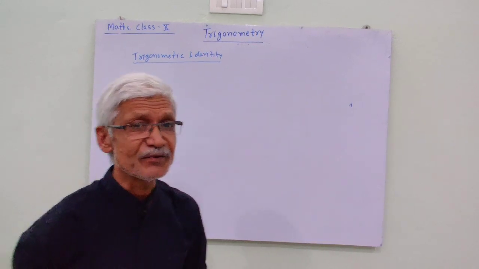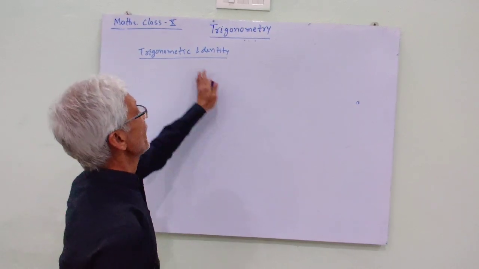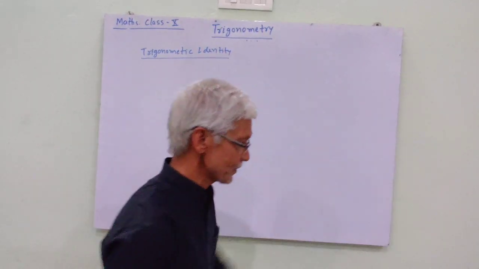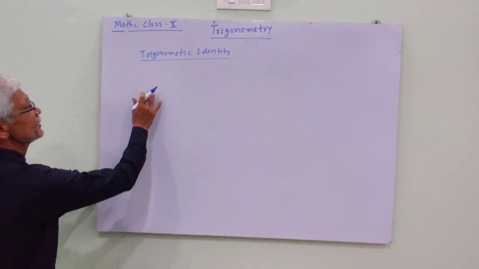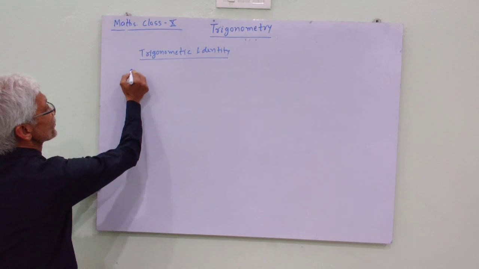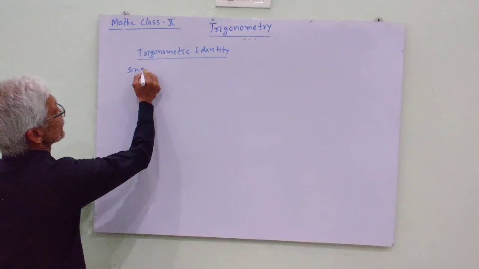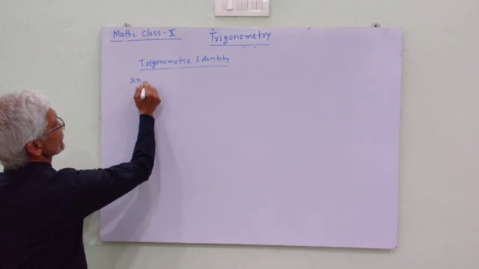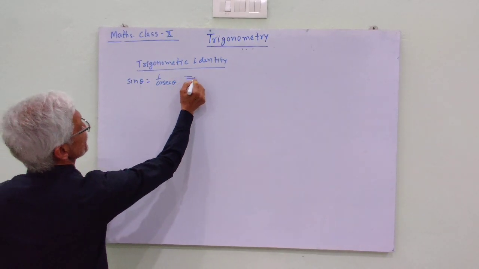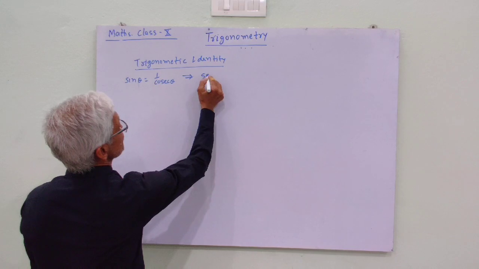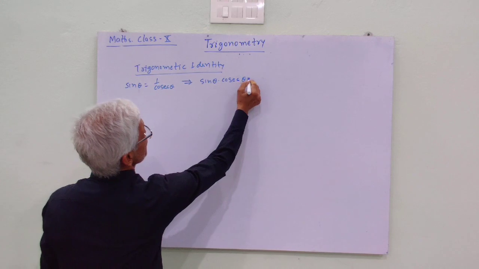An identity means an expression which holds for all values of the variables, and here are some trigonometric identities. We have read that sin theta is equal to one by cosec theta, which implies that sin theta into cosec theta is equal to 1.